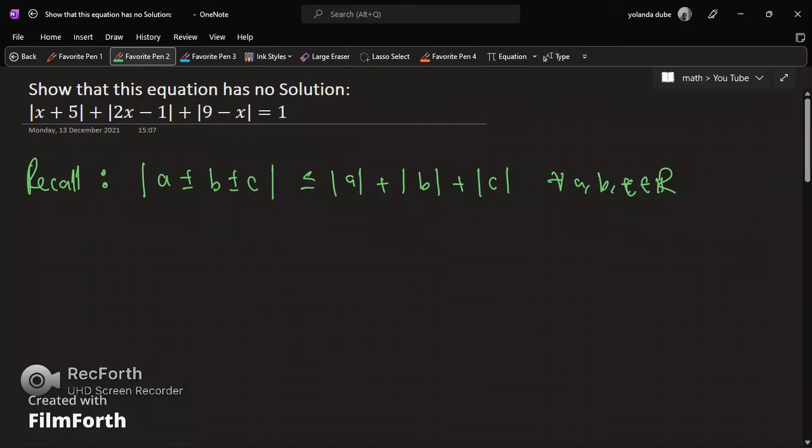Here I generalize it because it doesn't matter even if there is an interchange of signs. Even if you add plus or minus a, it doesn't matter. Regardless of what signs you select here, this side is always the same. So this is what we're going to exploit now.